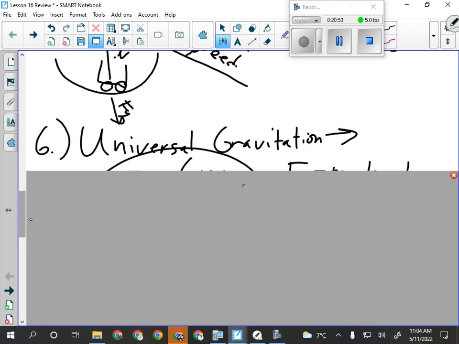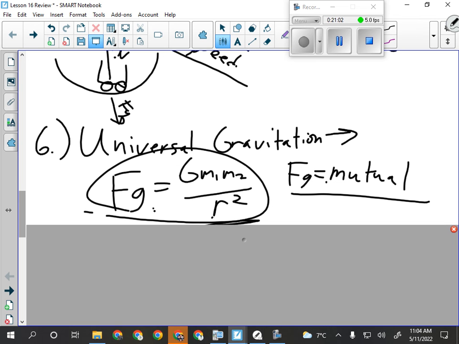Then we talked about universal gravitation after that. So there'll definitely be at least one sort of vertical circular motion problem. Then we talked about universal gravitation. Remember, because this is something that comes up in the multiple choice, that force of gravity is a mutual attractive force between the objects.